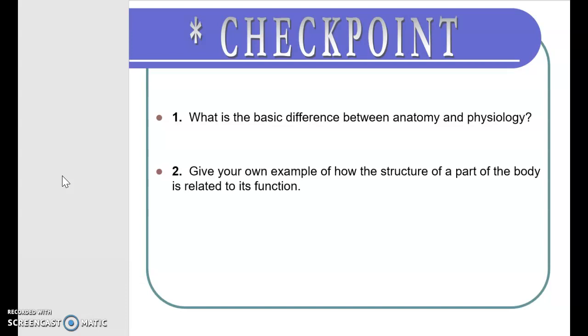So one example that I think about is breathing, especially now that we have to wear these masks, and it can make breathing a little bit difficult. So when we think about a structure that's really involved with breathing, we think about our lungs. Now, if you don't know this, it's okay, don't worry, but we build off of this information all the time.